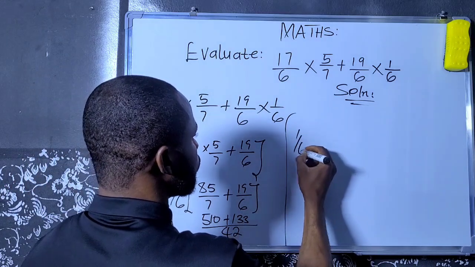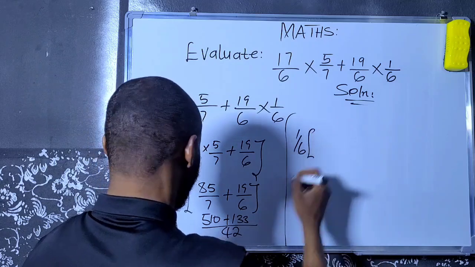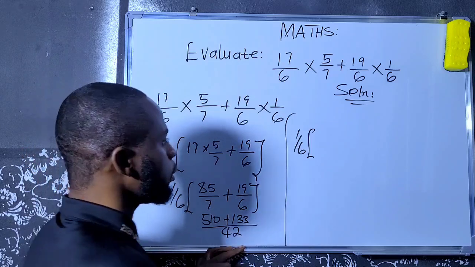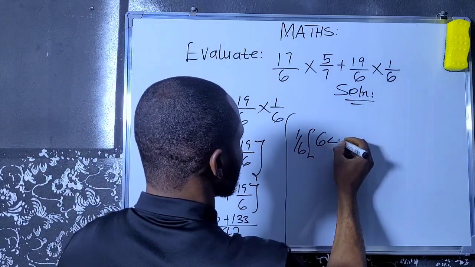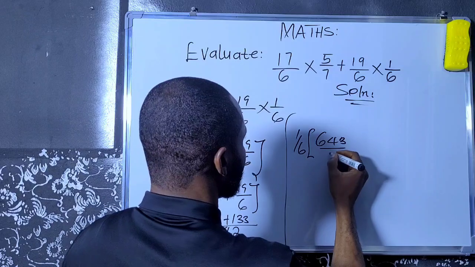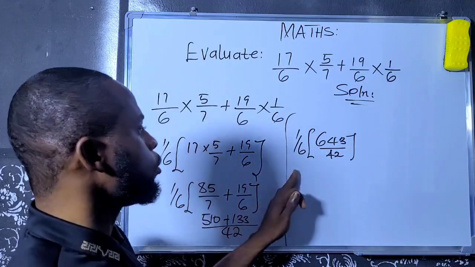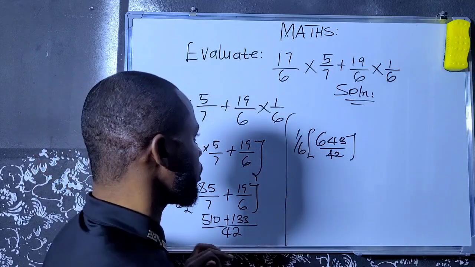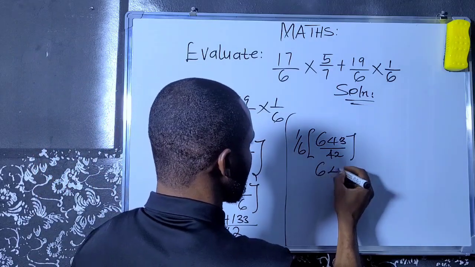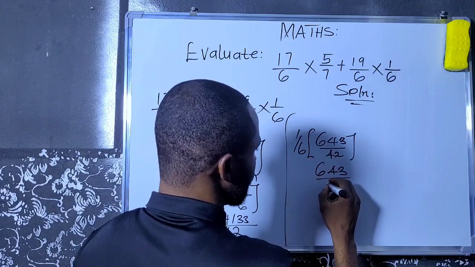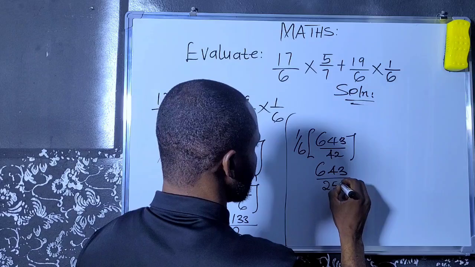We have 1 divided by 6 into 510 plus 133. That gives us 643 divided by 42. Now, we are going to multiply this out, and this will give us 643 over 6 times 42, that gives 252.